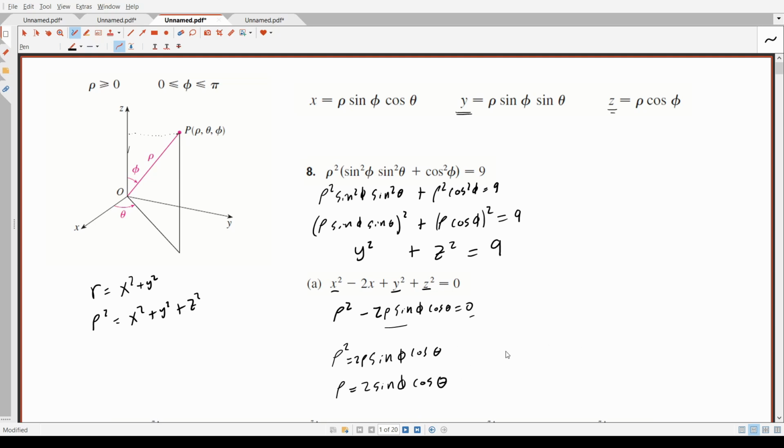So this is just a quick example on converting from spherical coordinates to rectangular, or Cartesian, coordinates and vice versa.